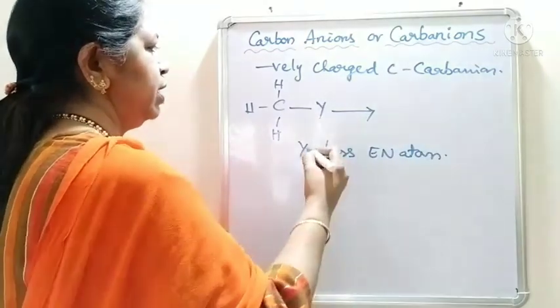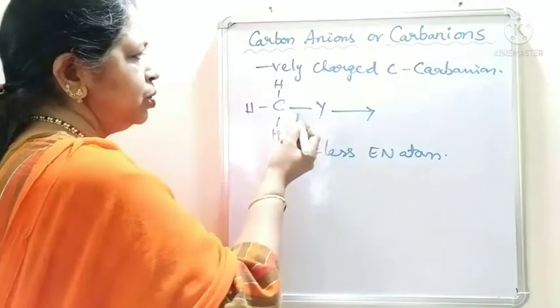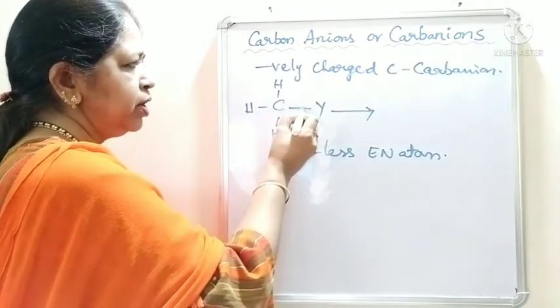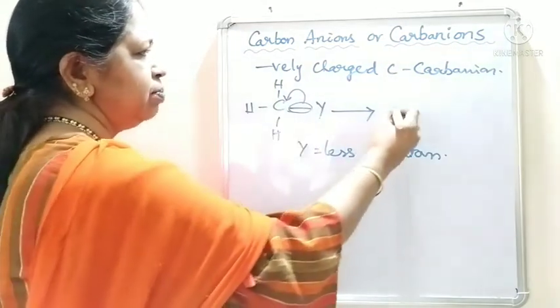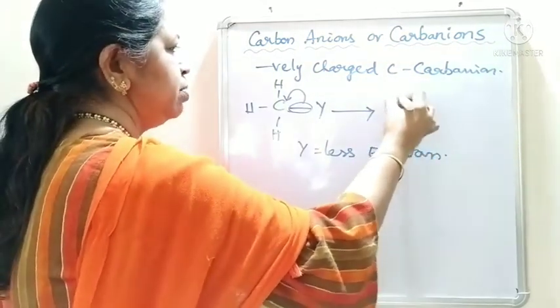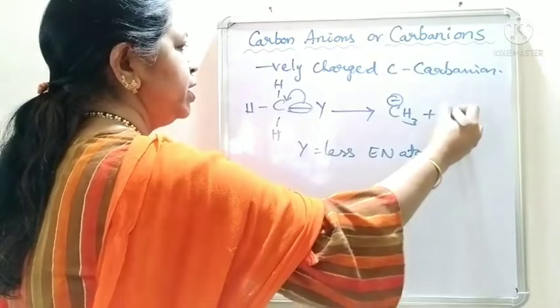This carbon is more electronegative, so the bonded pair of electrons will move towards the carbon, making CH3 minus and Y plus.